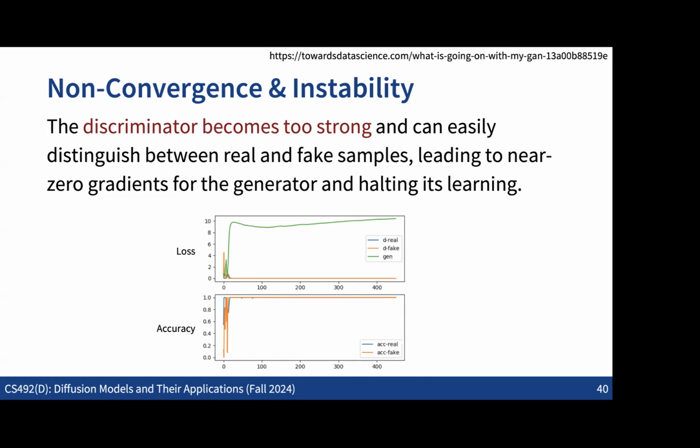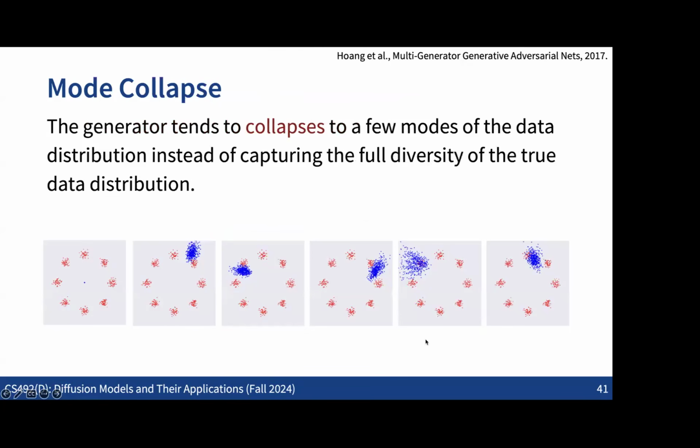So the neural net training does not converge to the ideal case that we want to see. Even when it converges well and improves the quality of the generator, another typical failure case of the GAN is what we see in these results. These visualize some data distribution. The red dots visualize the ground truth, the real data distribution, and blue is the output of samples generated using the GAN framework.